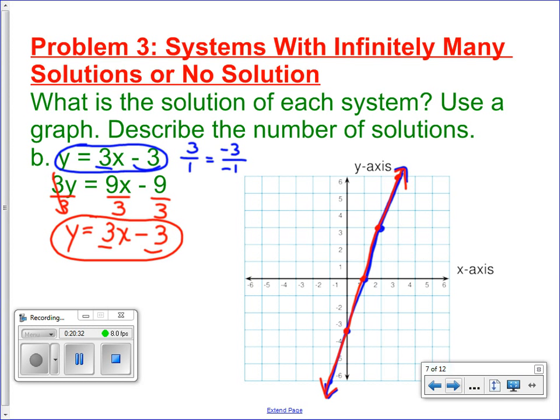All right, so hopefully you can see that this is the same line, and so our answer to this is we have an infinite number of solutions. Or you can say infinitely many solutions.